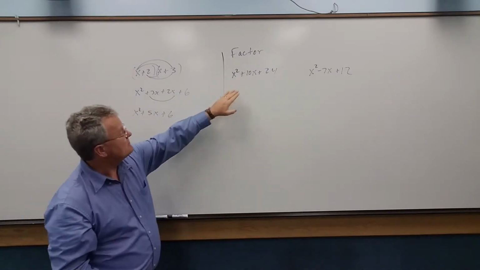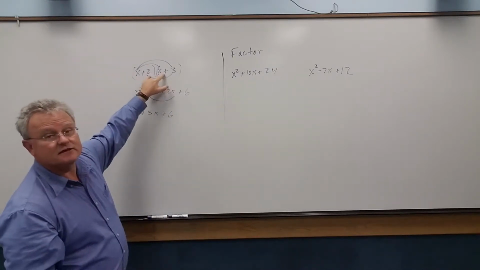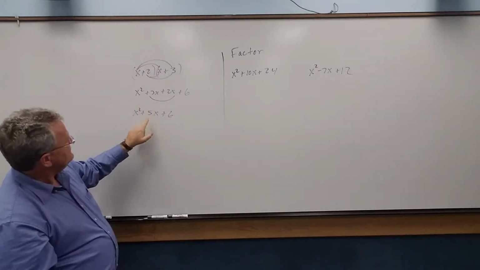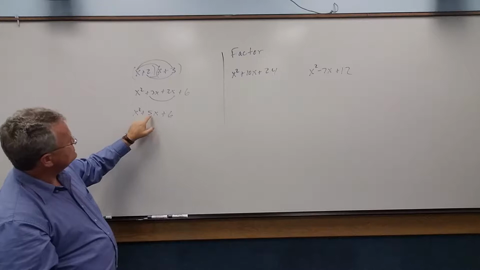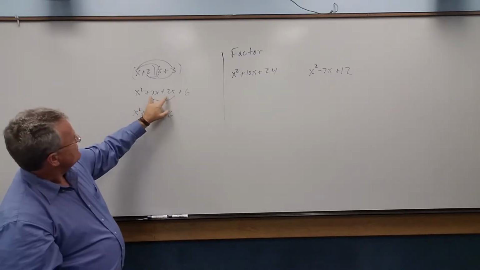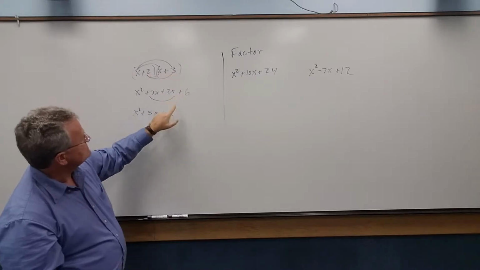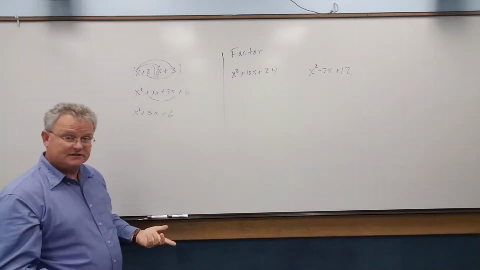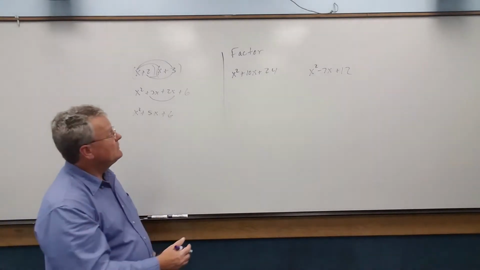We're starting here and we want to factor this like this. We need to figure out what two numbers add to this, but the same two numbers multiply to the last number. So that's the idea to factor these.